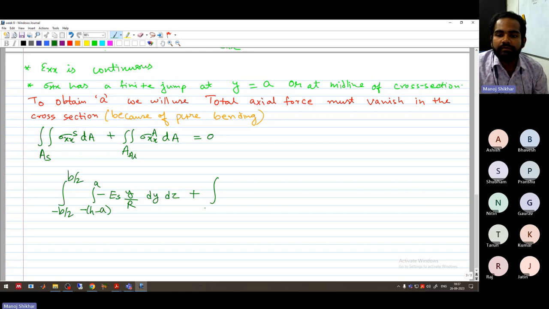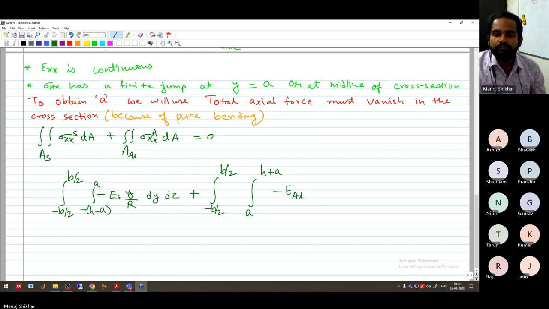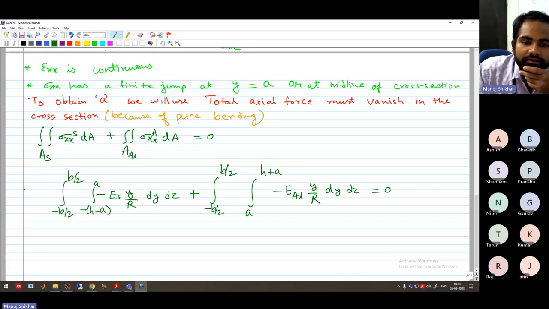For the aluminium part, the z limit will be the same because in the z direction there is no change in the material. And here y goes from a to h plus a, with minus E aluminium y by r dy dz equal to 0. So this is what we will get.